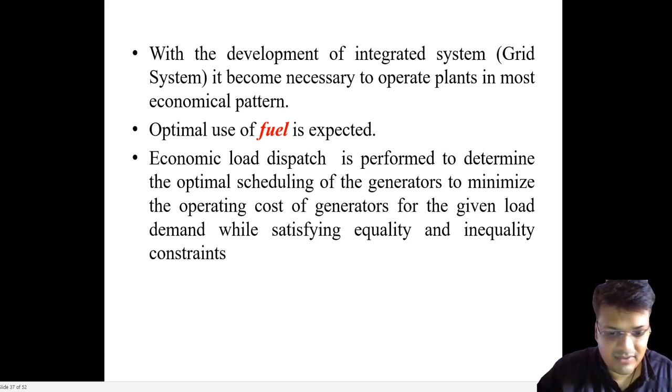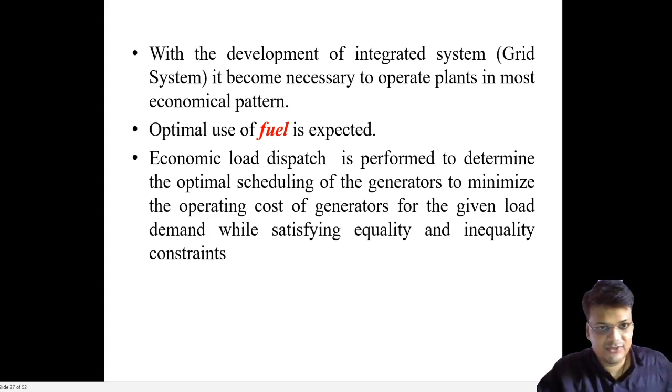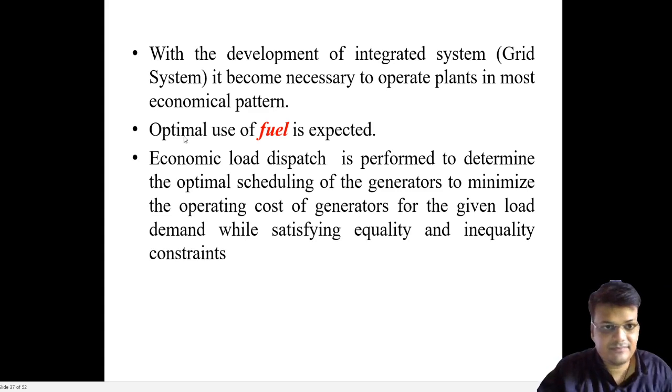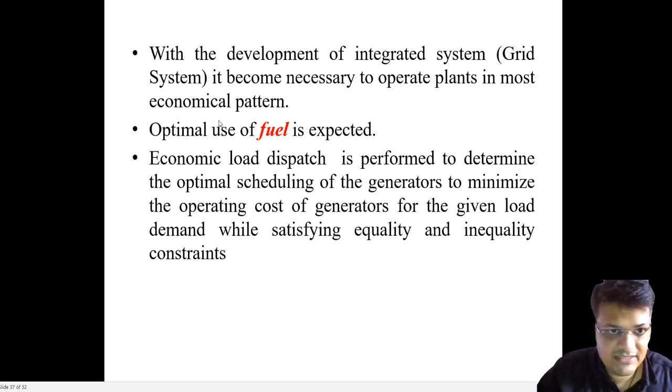After that, the power quality of the electricity improved, and from here the integrated system came. It became necessary to operate plants in a more economical pattern, because there is competition, so they have to provide electricity at minimum cost and higher power quality. For that we use optimal use of fuel.